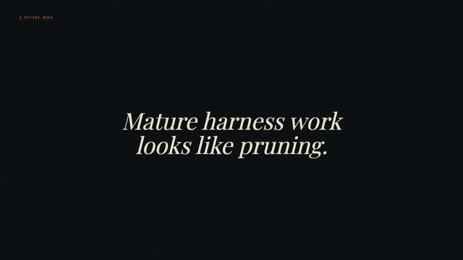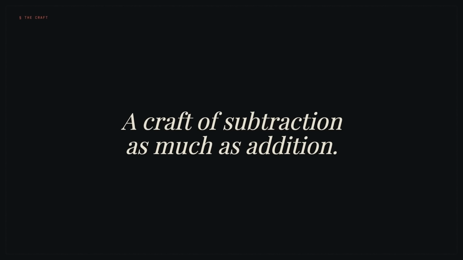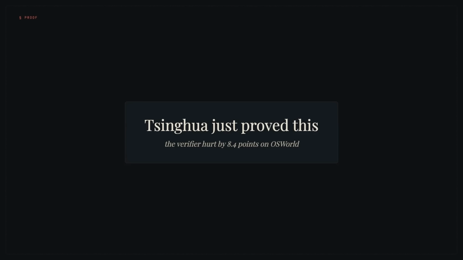Mature harness work looks less like building structure up and more like pruning it down. In the last year, the idea was to provide agents more and more tools, but that is going away. Simpler is much better. A craft of subtraction as much as addition. The Tsinghua ablation we just looked at really proves this.